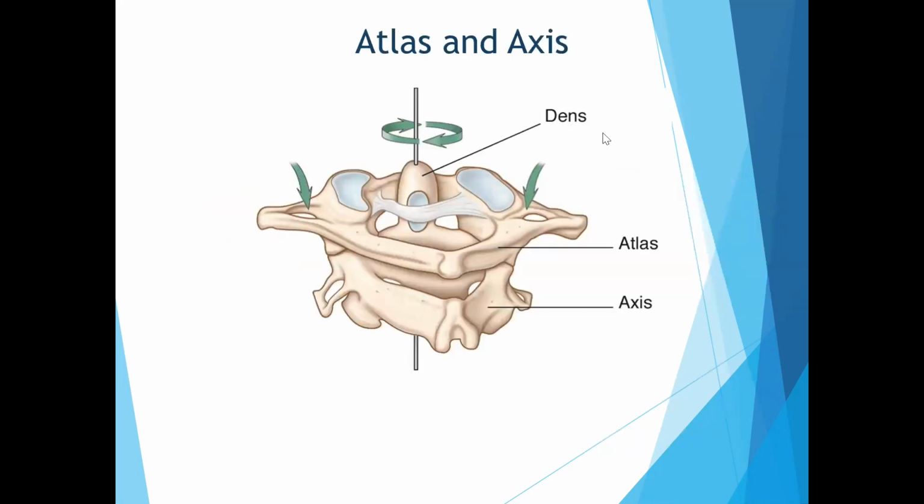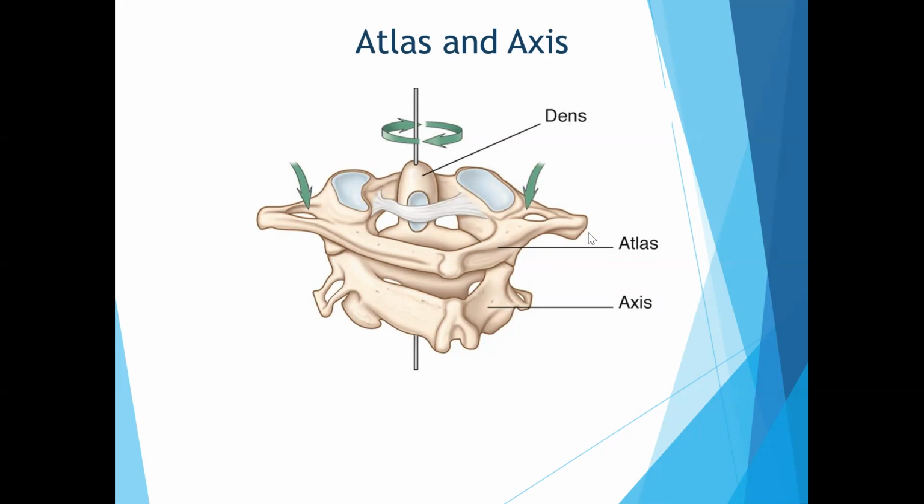So this is just another picture that shows the atlas sitting on the axis. So as I said, A before X, the atlas is C1, the axis is C2. You still have a spinous process and transverse process, even though they don't look quite the same. As we said, the atlas is responsible for that up and down motion, nodding yes.